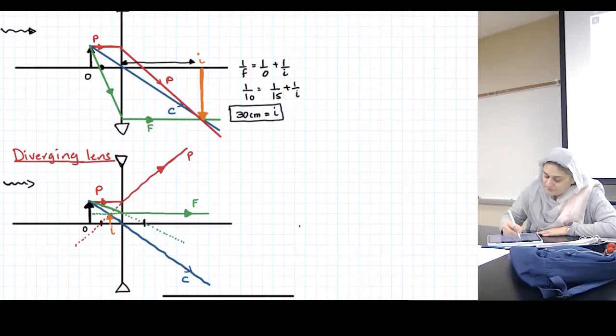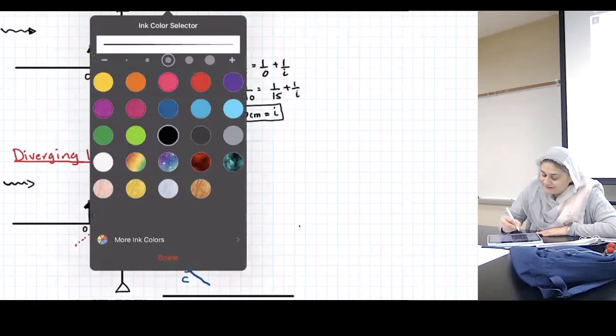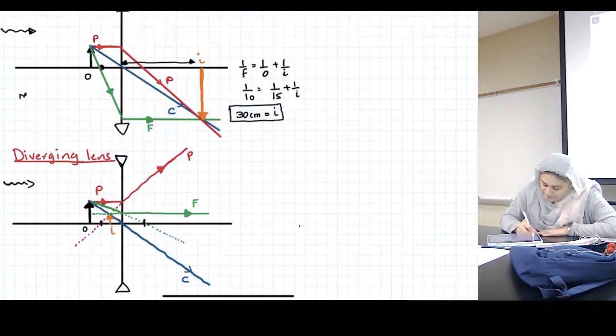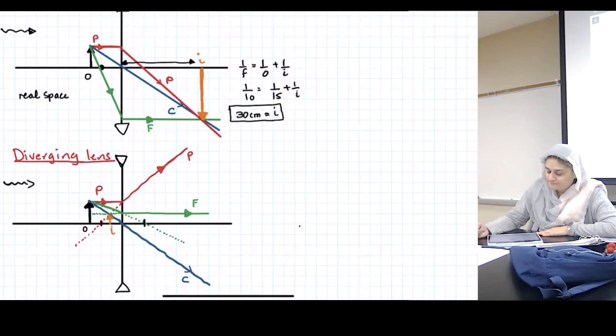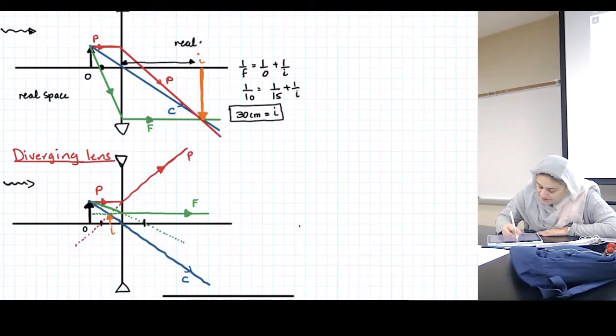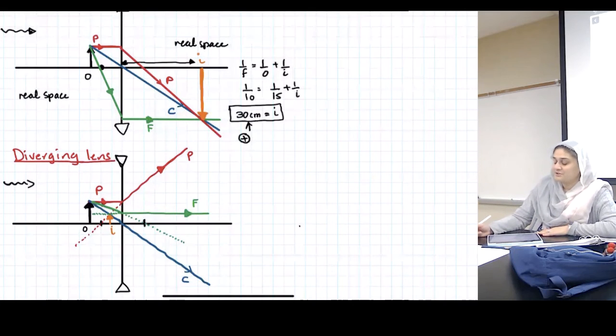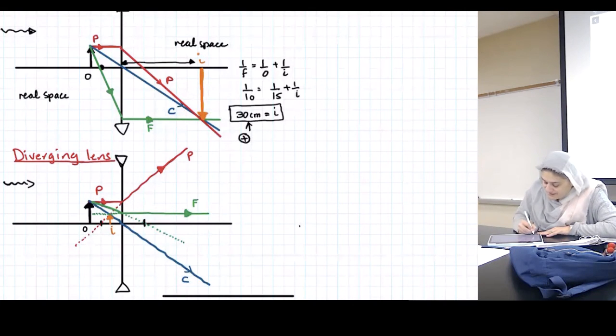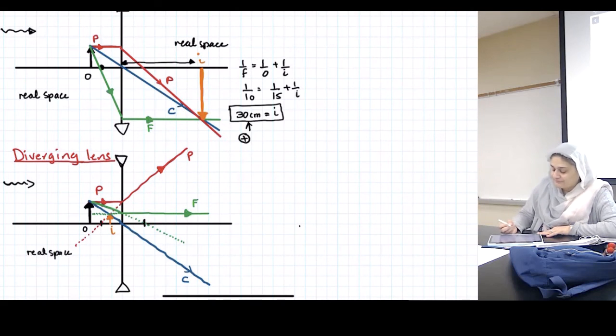Another thing I want to tell you is that your object is currently in the real space. This image is in the imaginary space, and that is why there is a negative on the image. This is the real space for a lens.